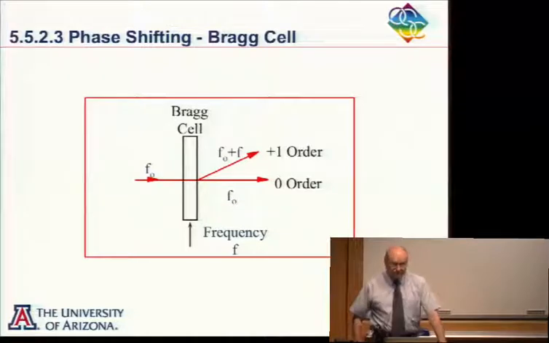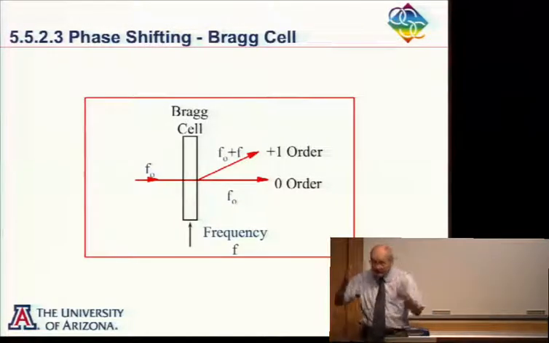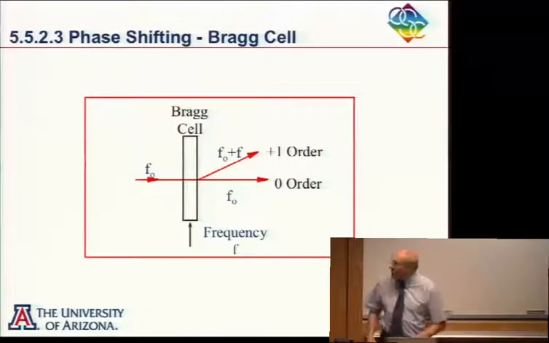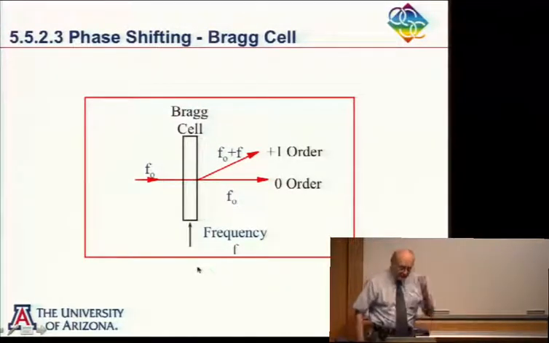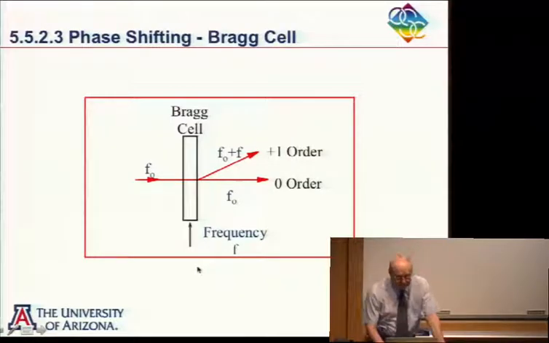Well, another way of having a moving grating really would be an acousto-optic Bragg cell. And so here what we do is we drive this at some frequency, maybe 30 megahertz or something.